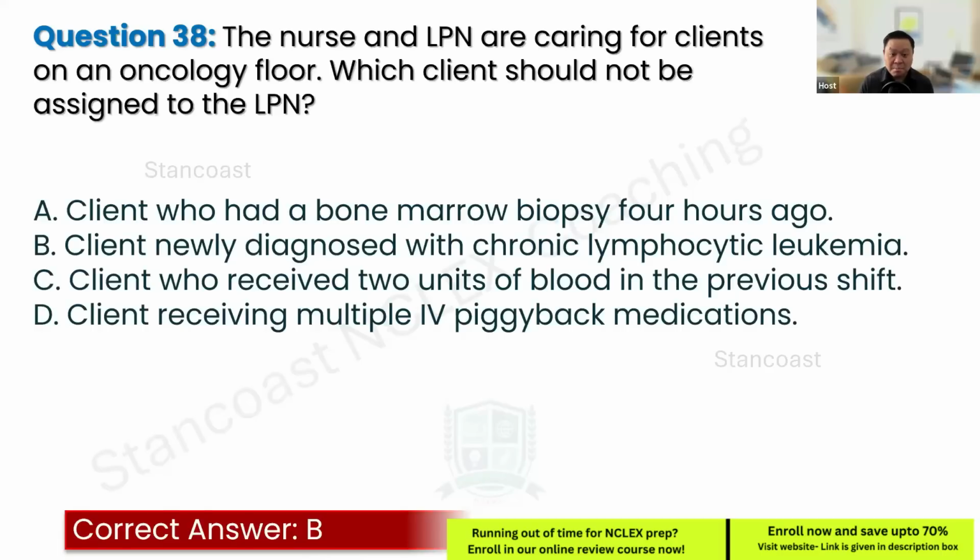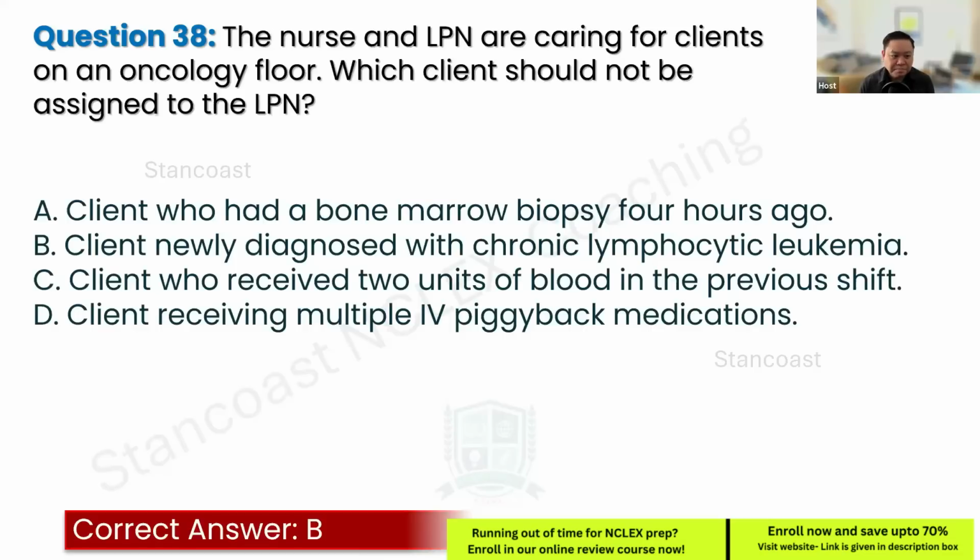With letter C, monitoring a client post transfusion is within the LPN scope as the transfusion has already been completed. And letter D, LPNs are also qualified to administer IV piggyback medications provided they are stable clients.